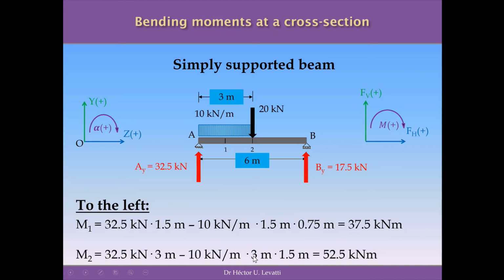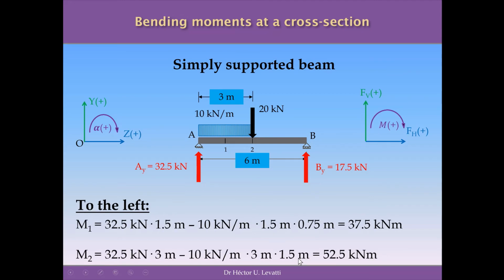Minus now 10 kilonewtons per meter times 3 meters, because the point 2 is in here, so we are taking the moment of the whole UDL, and multiply by 1.5 meters, because this will be the distance from the middle of the total UDL to the point 2, which is the point of reference at this stage.